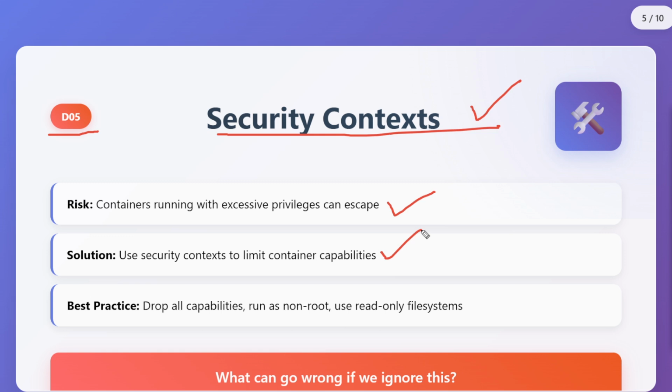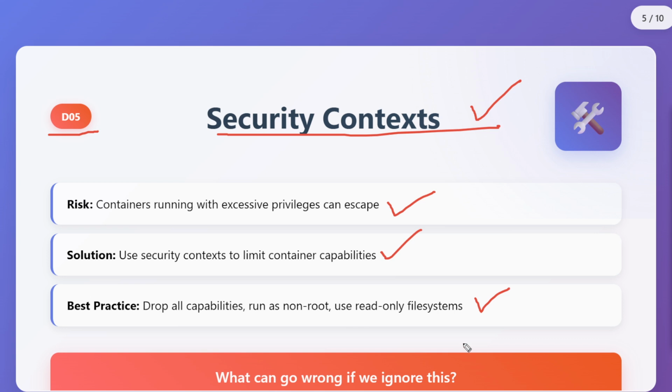And by restricting the capabilities we can reduce the risk of the container escaping or misusing the services. And coming to some best practices: we need to drop all capabilities, run as a non-root user, and use read-only file systems. So these are some best practices we need to follow.